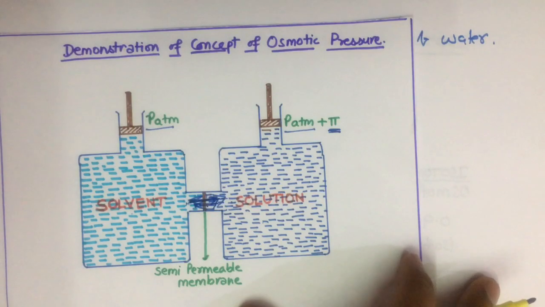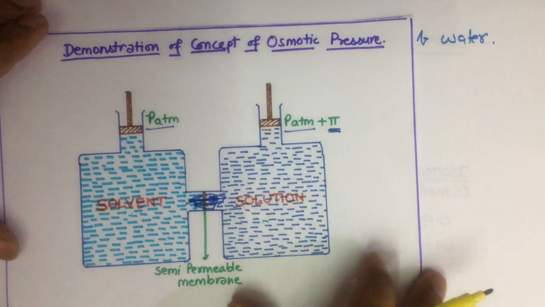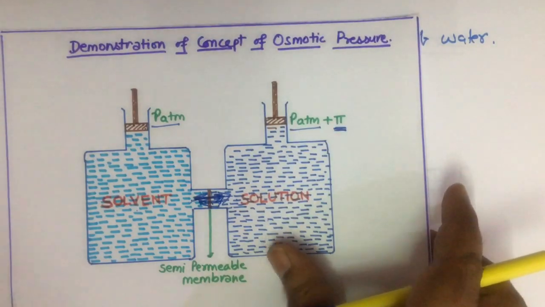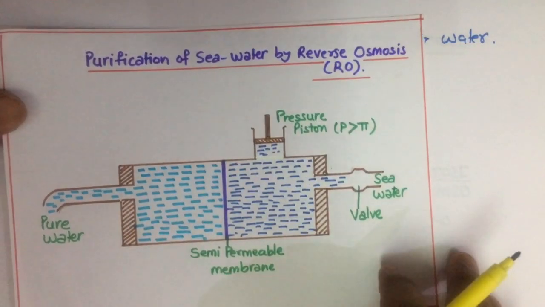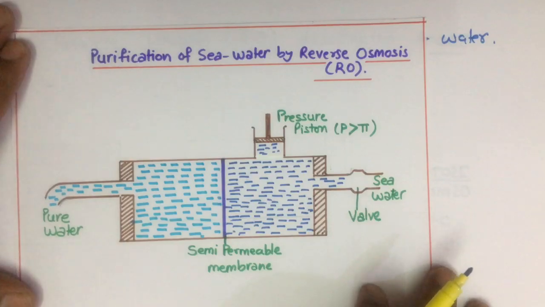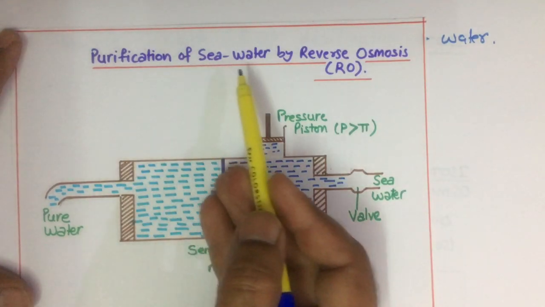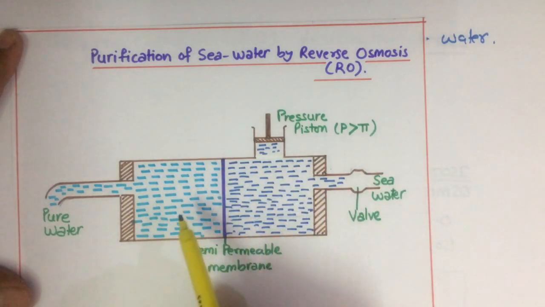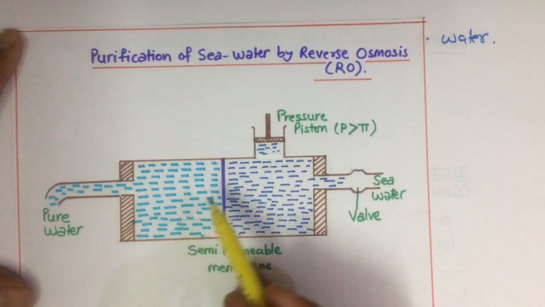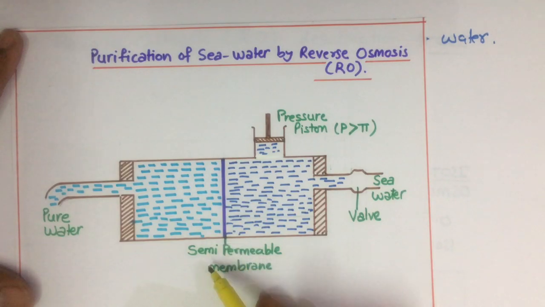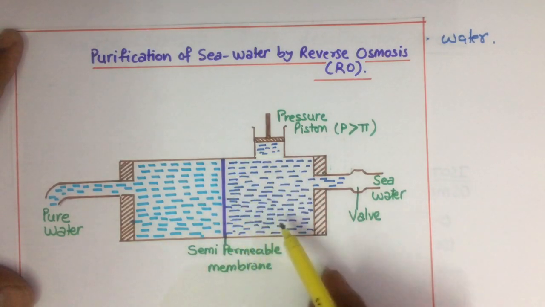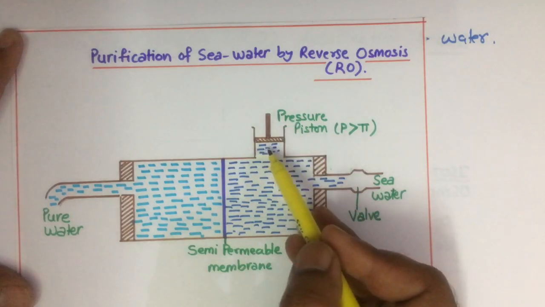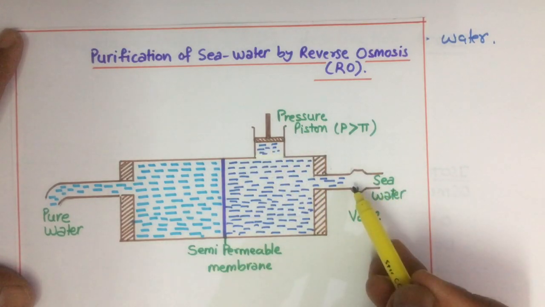Now it is used for the purification of saline water to get drinking water. This is the process of purification of sea water by reverse osmosis. Again here there are two chambers. This is the pure water, this is the semi-permeable membrane, and on the other side there is a pressure piston, and this is the inlet for sea water.